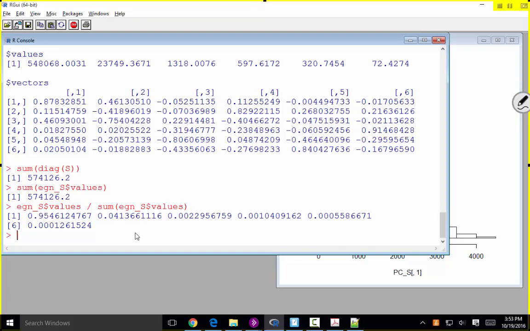In these particular data, without doing any standardization, the first principal component explains 95% of the total variation in the data. The second one, which has to be uncorrelated with the first one, and will therefore have smaller variance, only explains 4%. And then it drops down to nearly nothing.